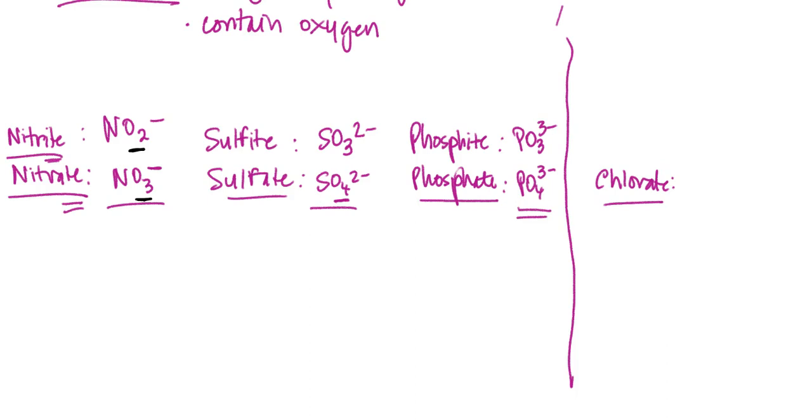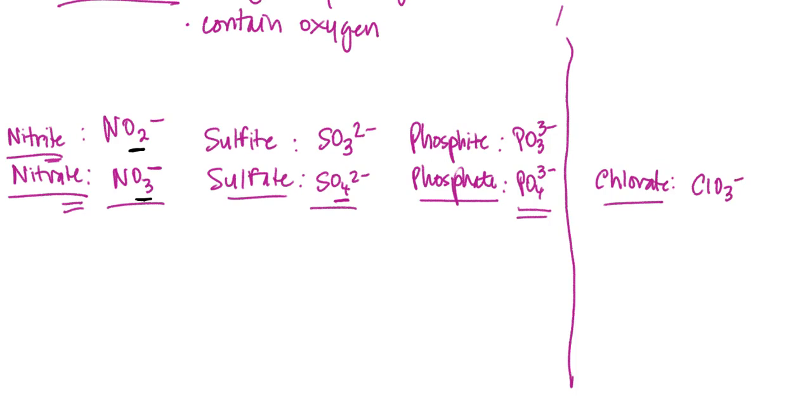Okay, now if we take that same idea and actually apply it to chlorate, then we will get another possible ion that would form between chlorine and oxygen aside from chlorate. Chlorate's formula is ClO3 minus.